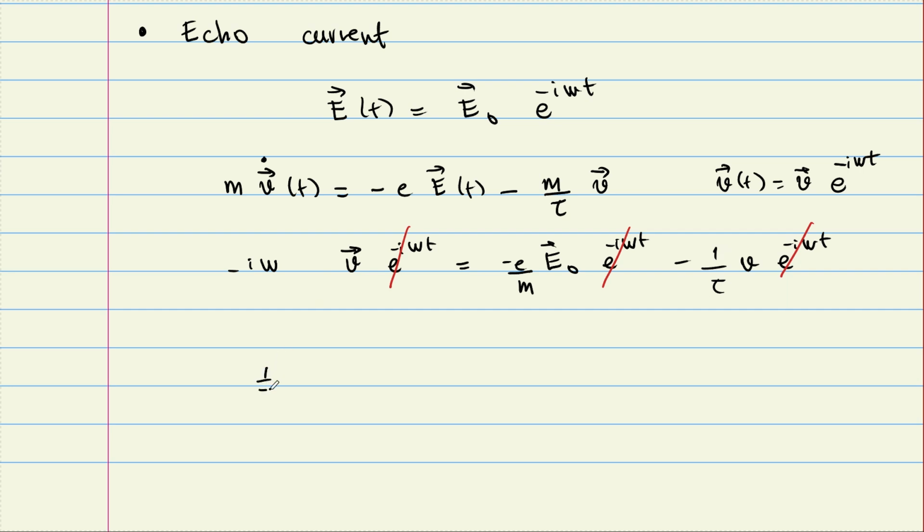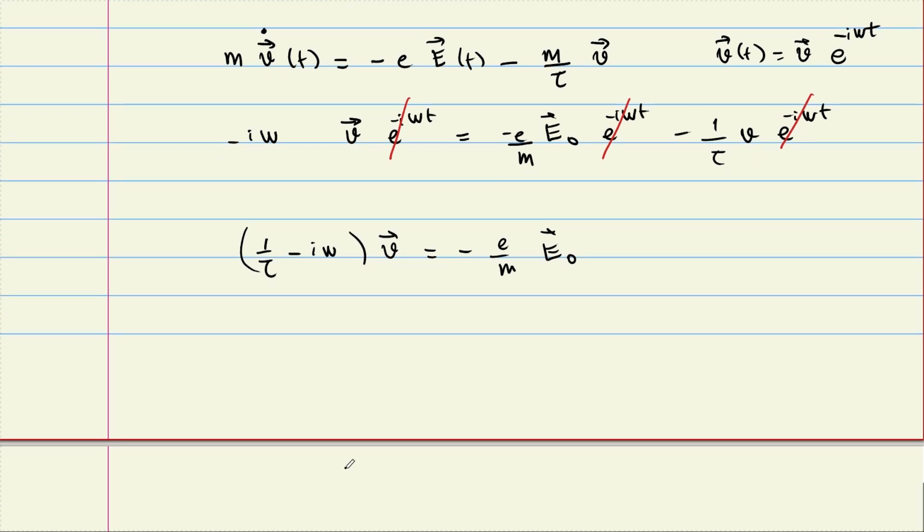So 1 over tau minus i omega times v is equal to minus e over m e0. Which gives me v equal to minus e over m, actually let me take tau to here, tau over 1 minus i omega tau times e0.